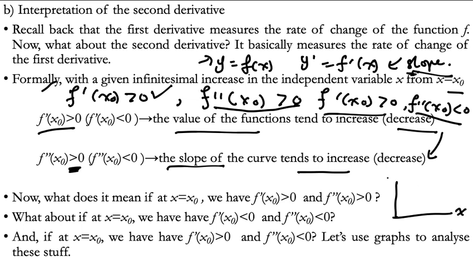So let's say I have this curve. Okay, x is here, y is here. I may have this kind of curve. Can you see? If I pick one point here, then I draw the tangent line, the slope looks like this, isn't it? But if I increase x further, then the slope is flatter.